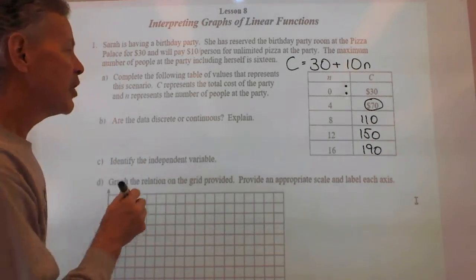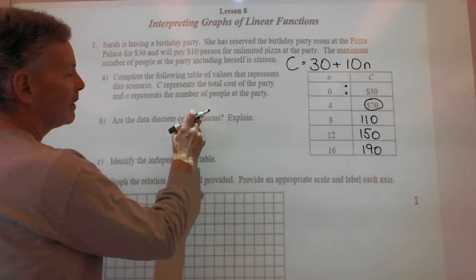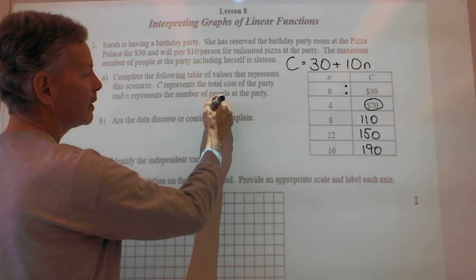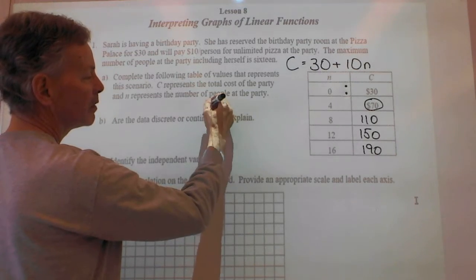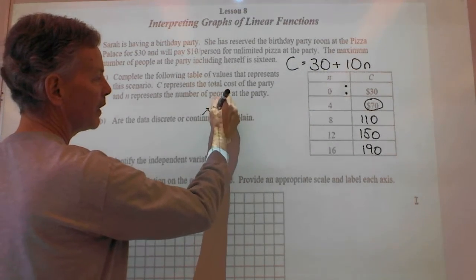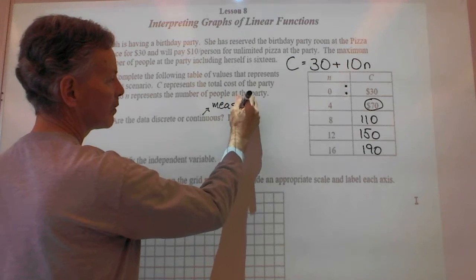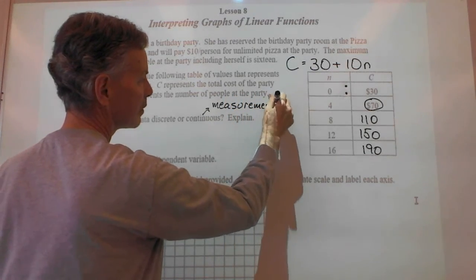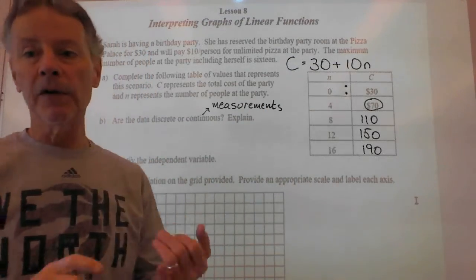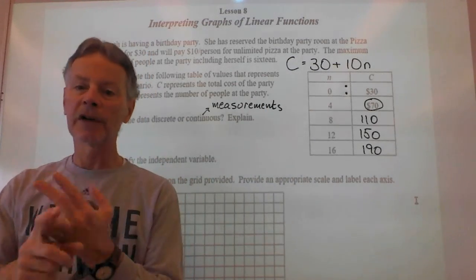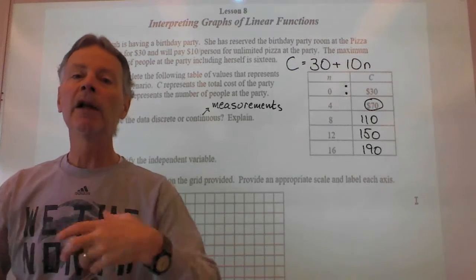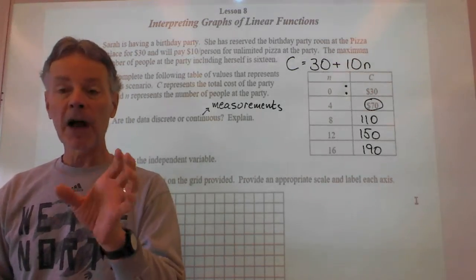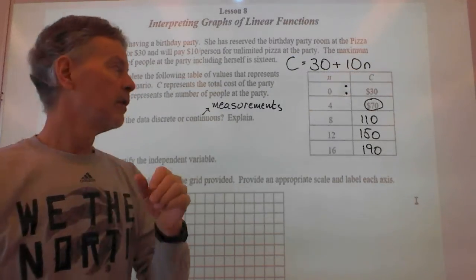Okay? But generally, data are continuous when they can be broken down or subdivided. So things like measurements are always continuous. Okay, so for instance, if we're measuring a distance, or we're measuring a time, or we're measuring a weight, anything that can be measured can have fractional values, in between values.